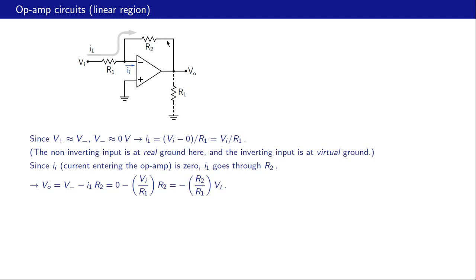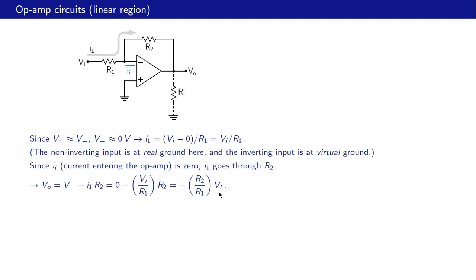What is that voltage drop? That is I1 times R2. So VO is V minus I1 times R2. V minus, as we saw earlier, is nearly equal to V plus, which is 0, and I1 is Vi by R1. So that tells us that VO is 0 minus I1, which is Vi by R1 times R2, and that turns out to be minus R2 divided by R1 times Vi.